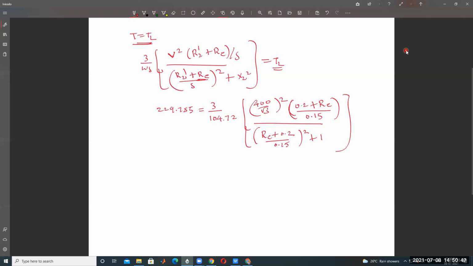Your unknown is the resistance. Find R external from this relation. All of you use the calculator to find this. This is the second problem.